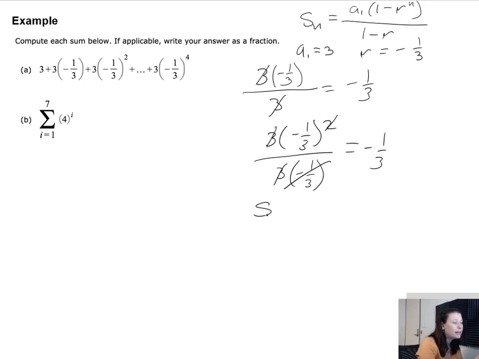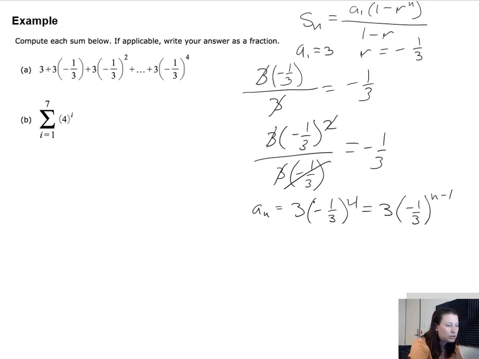S n, well, first we want to figure out also what n is, don't we? So if we know that a n is equal to 3 times negative 1/3 to the 4th, and that's equal to a1, which is 3, times r, which is negative 1/3, to the n minus 1, well, the 3's can cancel.